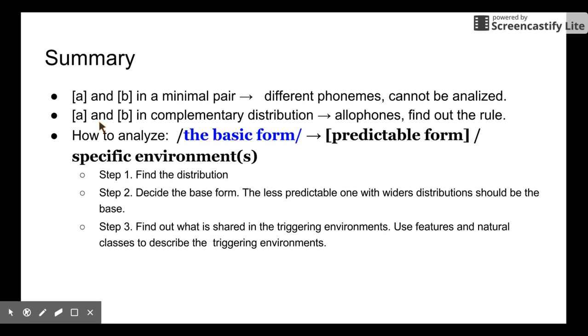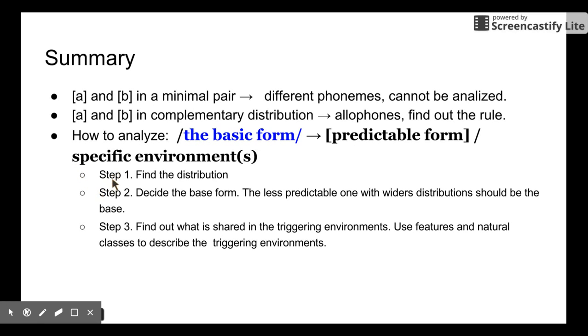And then we should be able to find the rules governing the alternation. How do we analyze the alternation? We have this general form of the rule: a basic form becomes some predictable form, slash, in a specific environment.